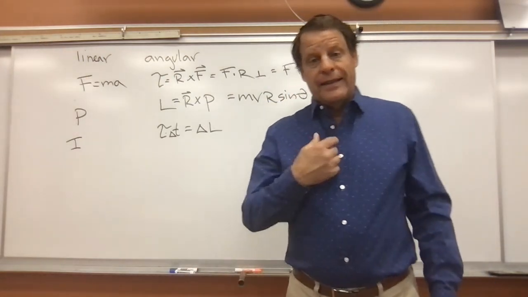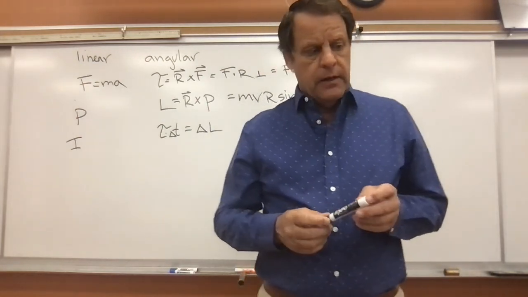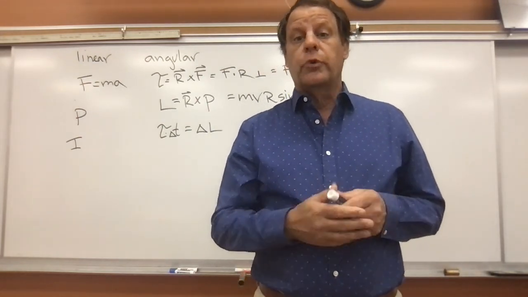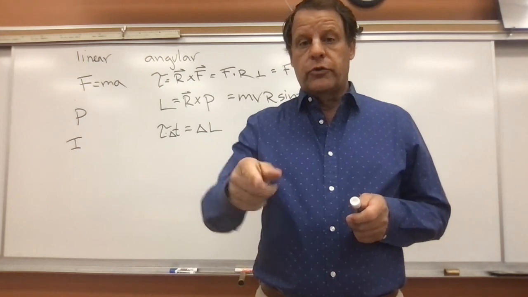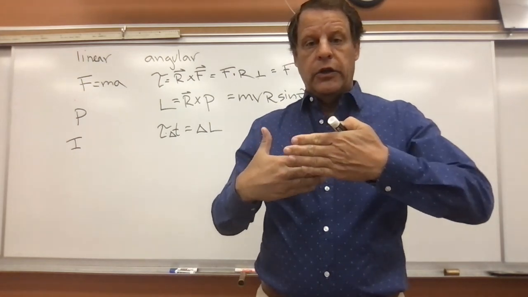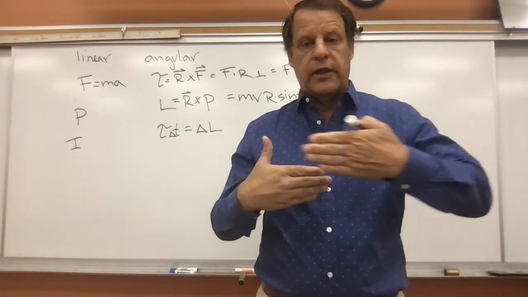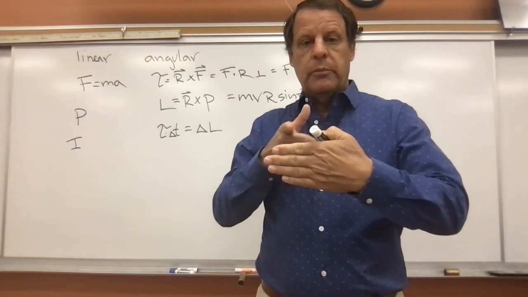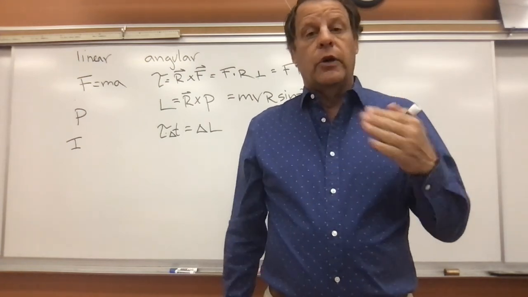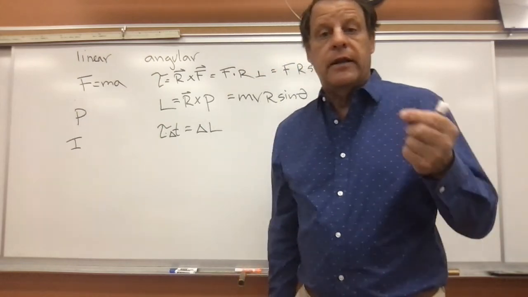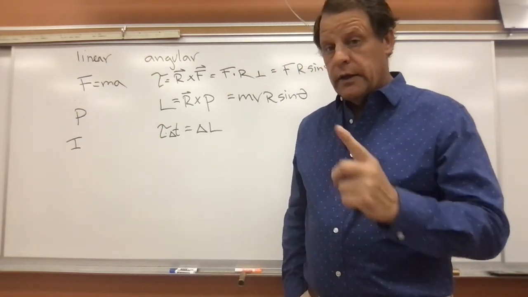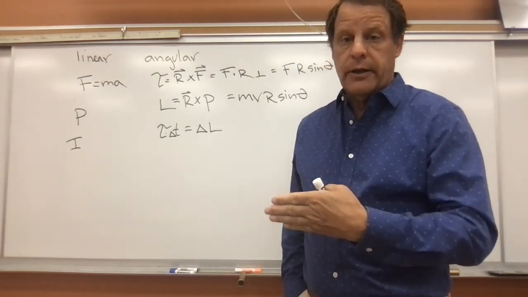I like to think of it as when you turn a screw. Your plane is going to be, let's say, this way, but the screw is going to move in and out. That's a way of thinking about the torque going perpendicular to that plane.